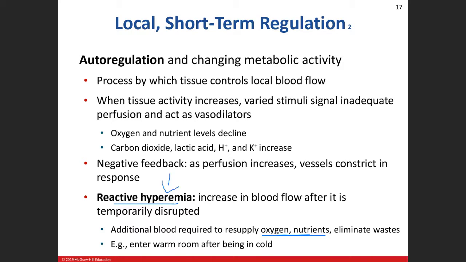It's reactive hyperemia, because what you're doing is changing the lumen of the blood vessels, going from a vasodilation to a vasoconstriction, and you're altering the blood flow. You can see if you just hold down your thumb for about 30 seconds and then release it, it'll go immediately to a bright red and then it'll go back to its normal color. That's that hyperemia, in which it flushes things out.